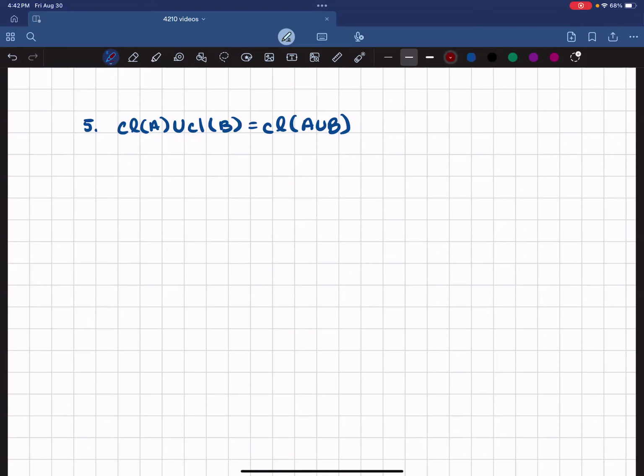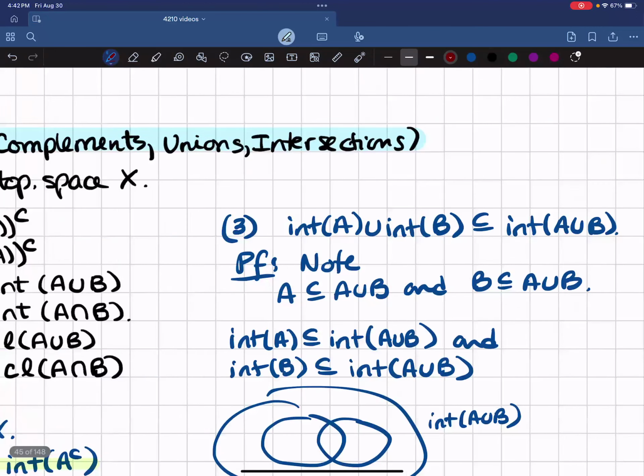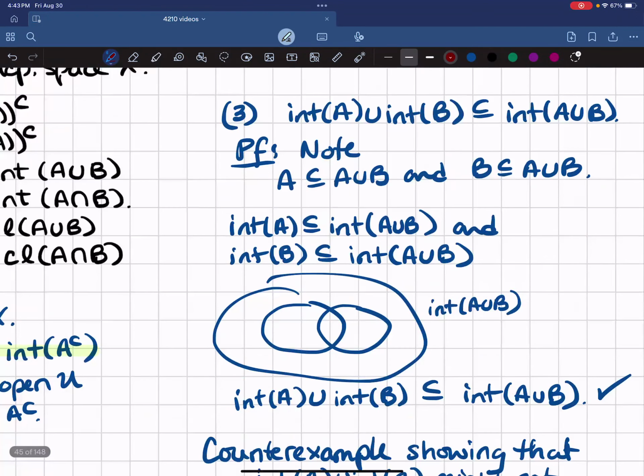So for this direction, we can use a proof similar to the proof of 3 above. We can notice that A is a subset of A union B, and B is a subset of A union B. And when you take the closure operation, you preserve that subset. So we can really just completely copy this proof right here, just changing the word interior to the word closure everywhere.